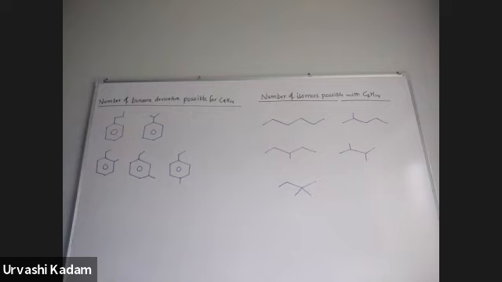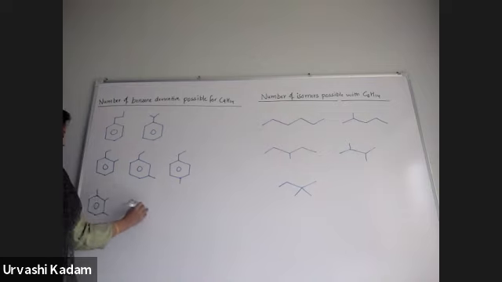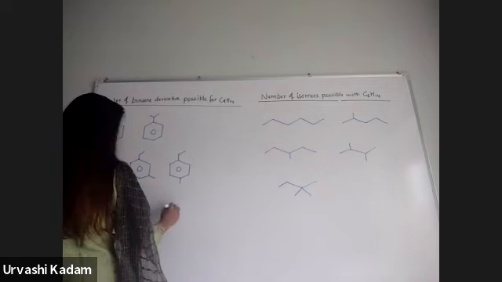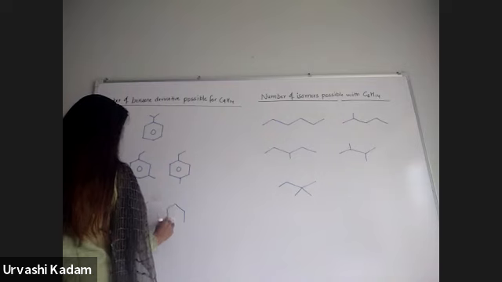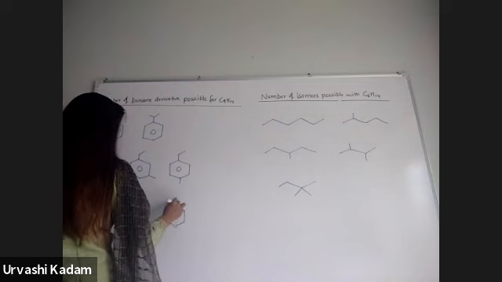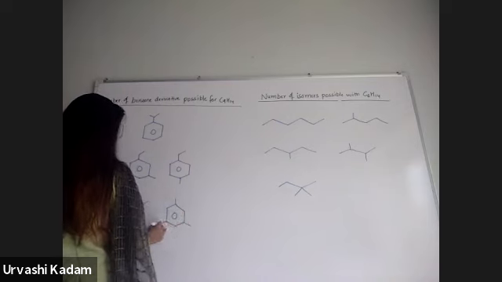I can have 3 methyl groups present. So in all 3 methyl, what variations can there be? All 3 methyl can be present at 1, 2, 3 position, or at 1, 2, 4 position, or at 1, 3, 5 position.